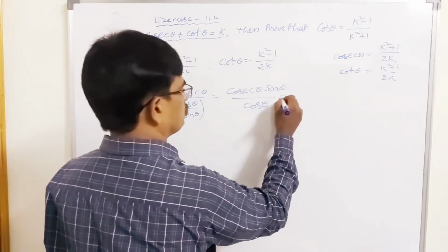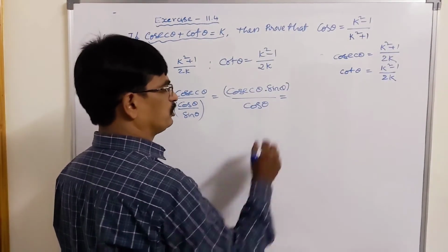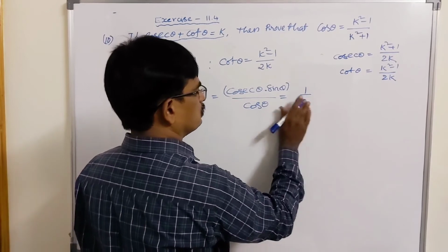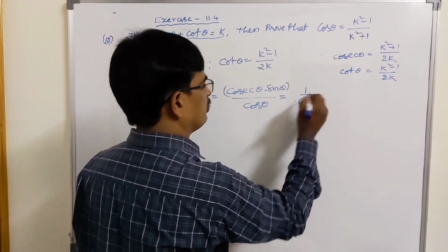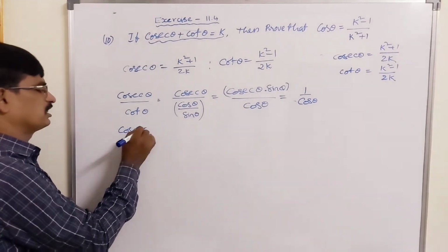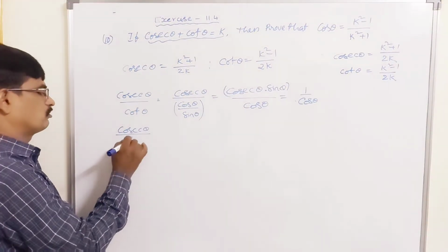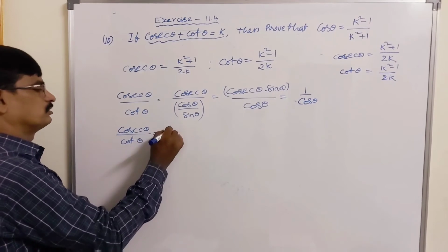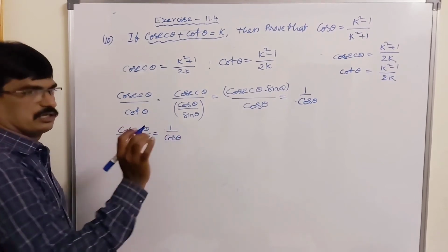Cosecant and sin are reciprocal to each other. That is 1 by cos theta. So cosecant theta by cot theta is equal to 1 by cos theta.